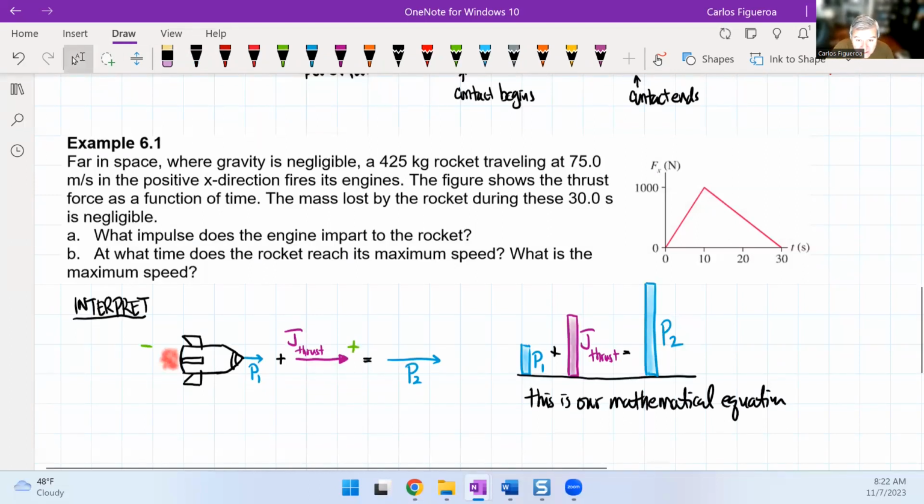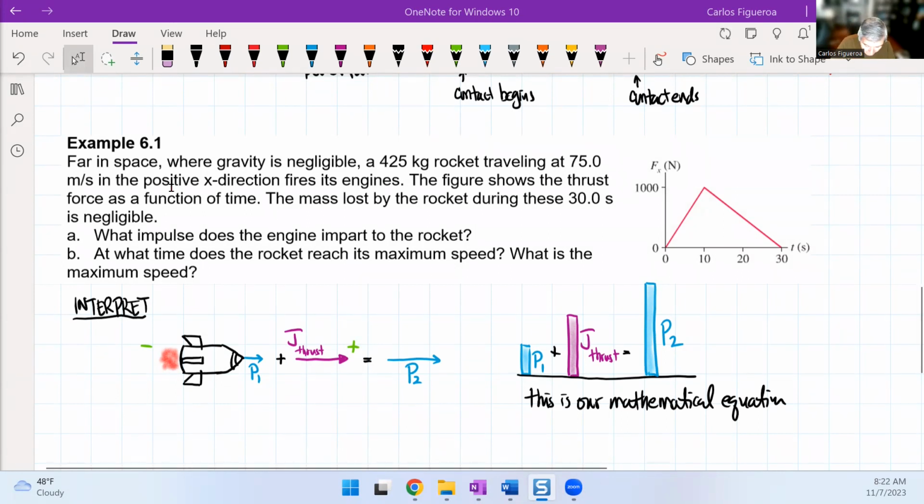That being said, what I want to do now is focus on the impulse. If I look at the impulse, that means I have to look at the force versus time. So let me get that curve.